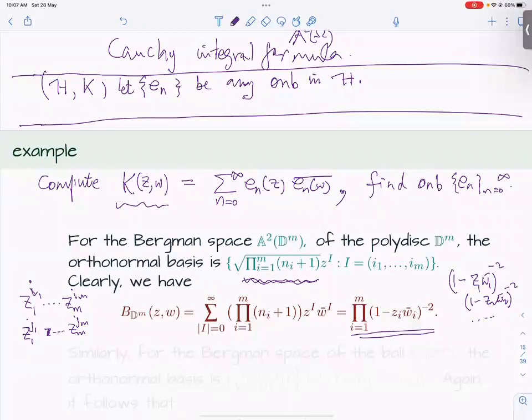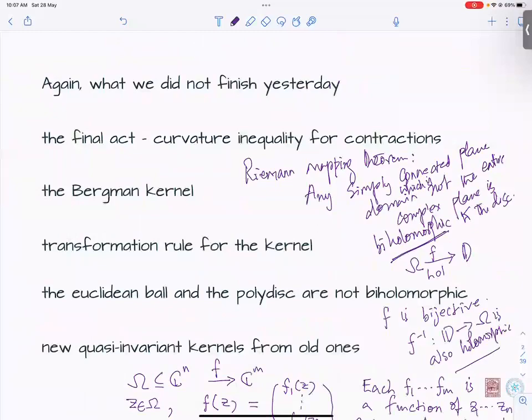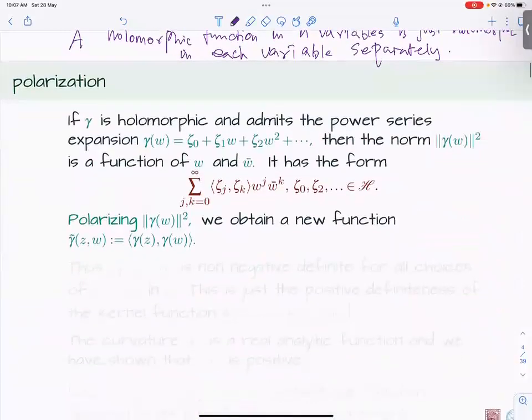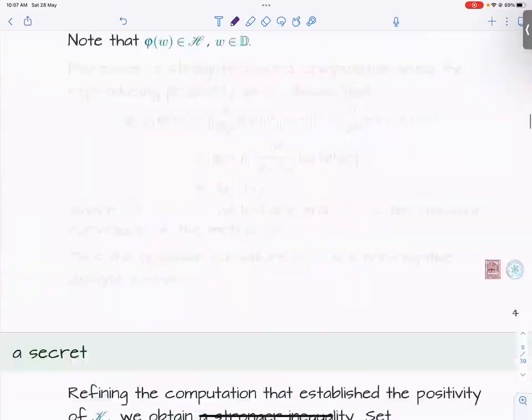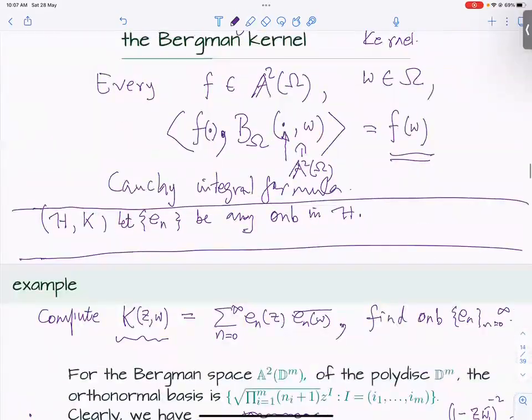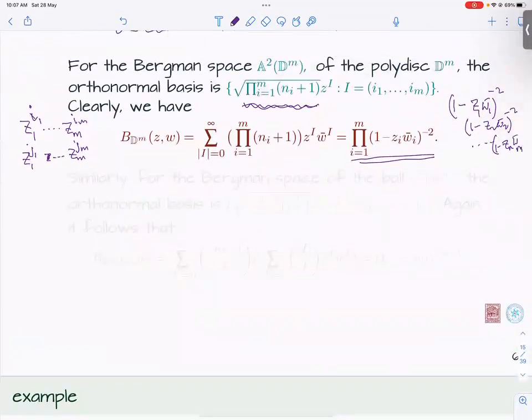It will go like that, the product up to (1 minus z_m w_m bar) to the power minus 2. So this is just the product of the Bergman kernels of the disk separately, and you take the product and you get what is called the Bergman kernel for the polydisk.